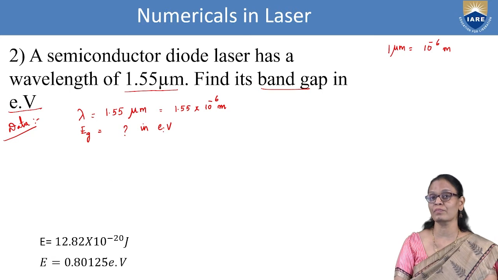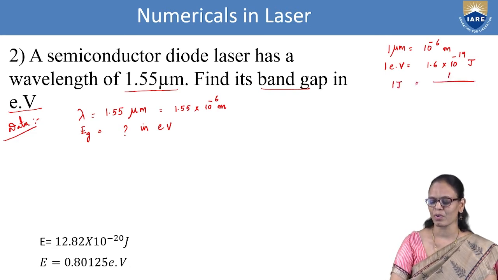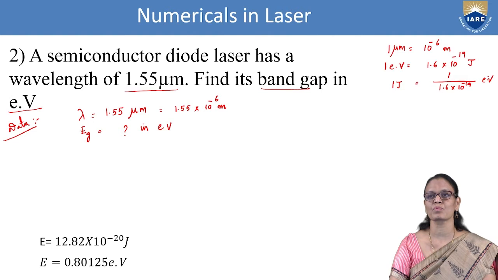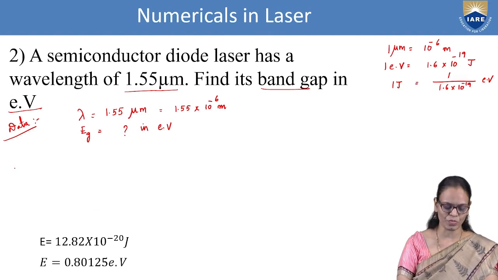So we need to have the conversion from joules to electron volt also. We know 1 electron volt is equal to 1.6 into 10 to the power of minus 19 joules. So when we have to convert joules to electron volt, 1 joule will be equal to 1 upon 1.6 into 10 power minus 19 electron volt. So this is how we use the conversion. So coming to the formula.